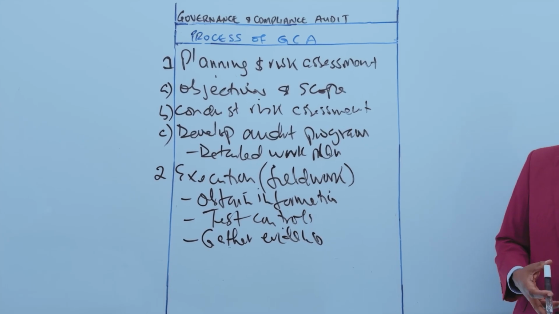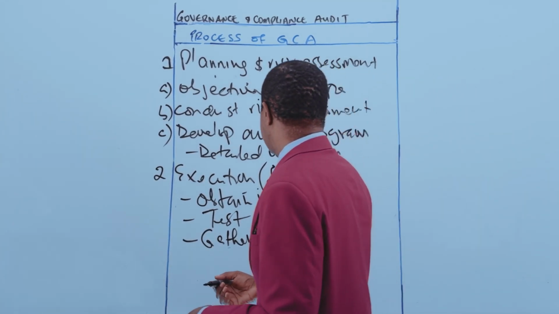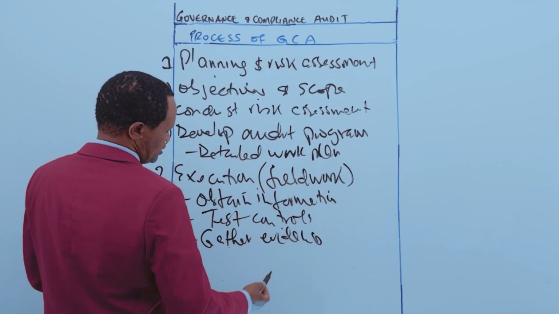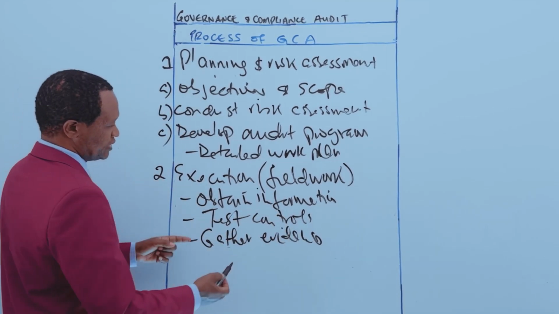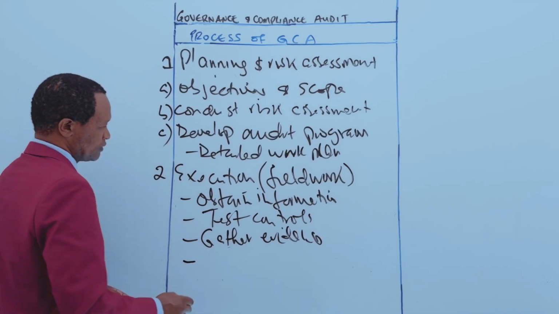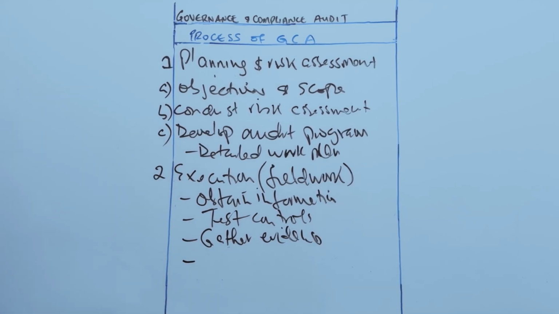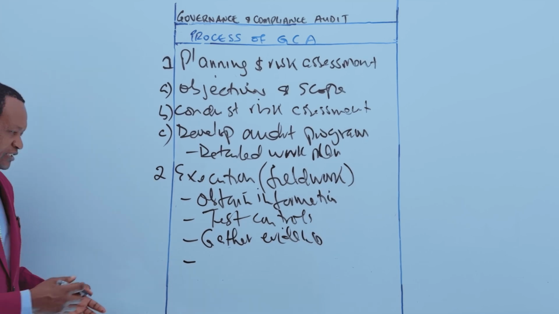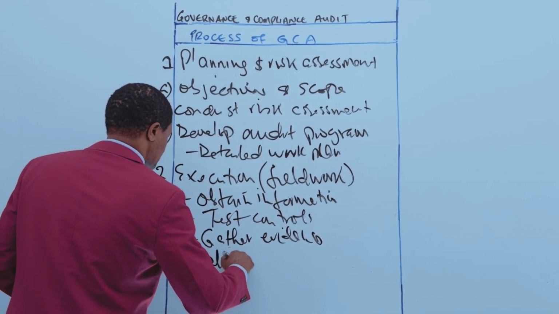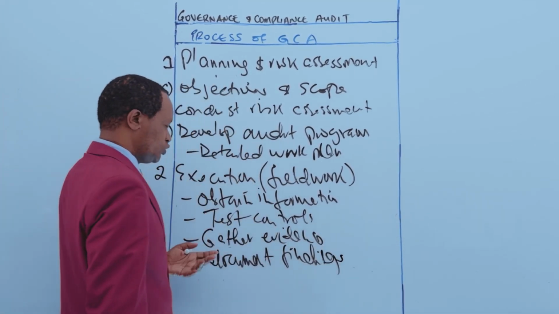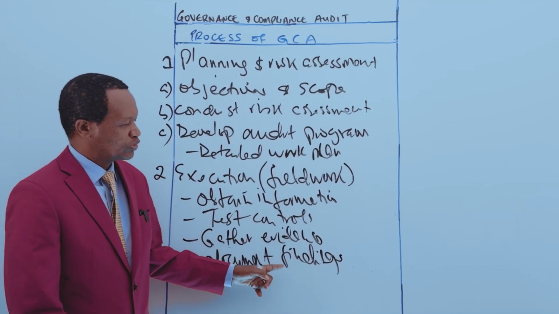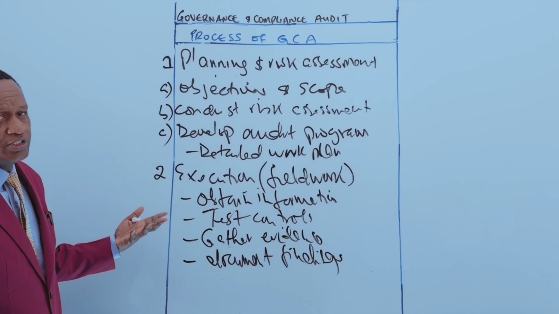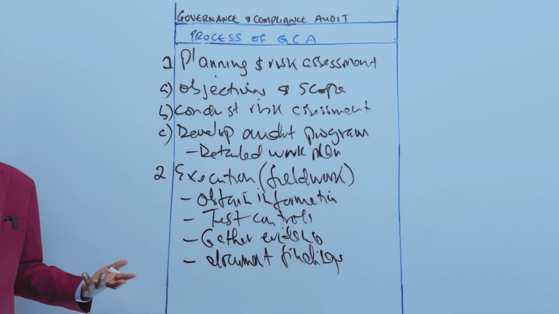You understand? Yes. Then after obtaining understanding, after testing the controls, after gathering evidence, still under execution, you have to document findings. Why do you document findings? Because it is these findings that will form the basis of the next stage, which is reporting.